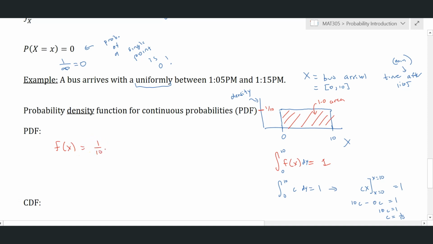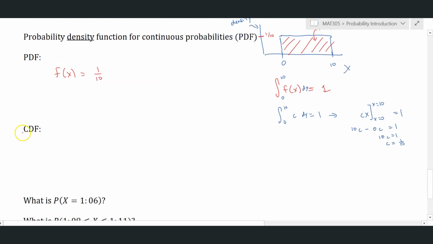It's a constant distribution. Now the CDF, the cumulative distribution function, remember that this is the probability that x is less than or equal to little x. And that would mean that we accumulate starting at 0 and going all the way up to little x of the function 1/10.